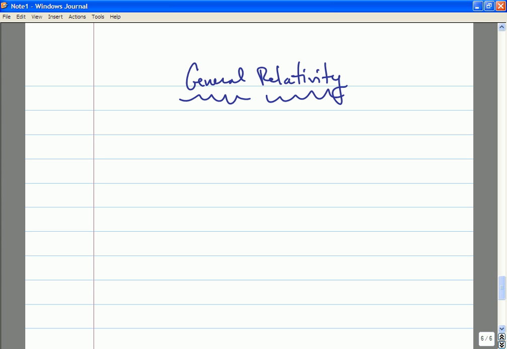So, the question that I would like to begin asking is the following. We've spent a considerable amount of time understanding in detail the mathematics of curved spacetime. And so the question that we need to then ask is, how do we formulate physics in curved spacetime?